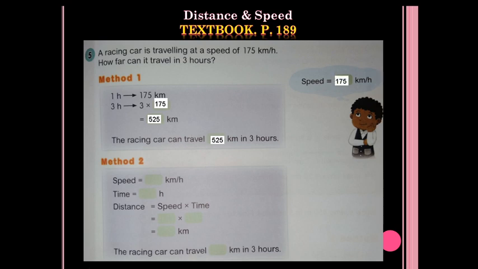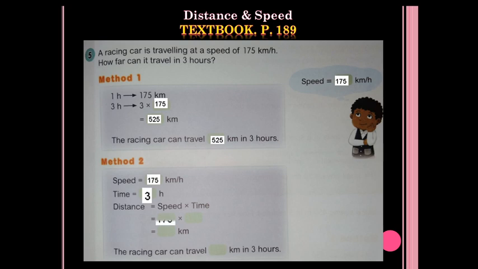The speed is 175 kilometers per hour. Method 2. The speed is 175 kilometers per hour. Time, 3 hours. Distance equals speed multiplied by time.